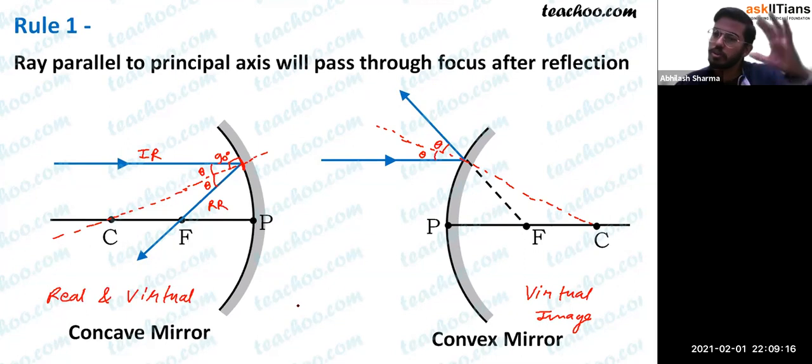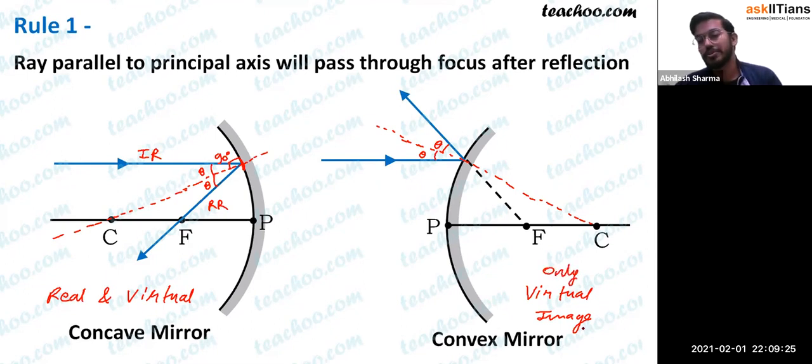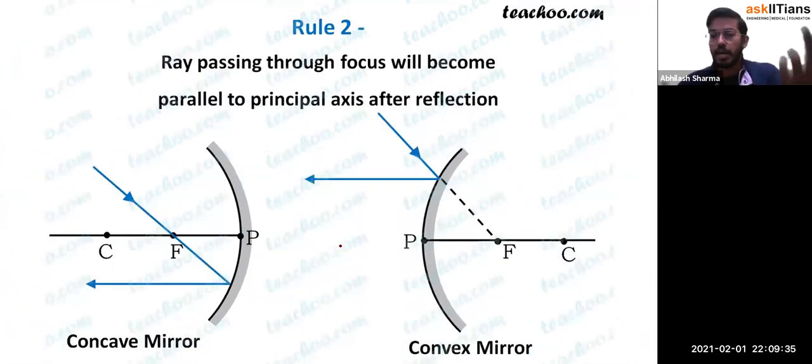You can form a virtual image with concave also. Not necessarily that only convex can do that. But when you talk about convex, it only forms a virtual image. It cannot form a real image. That's a very important point. Convex mirrors never form a real image, while concave can do both. We'll see later how.